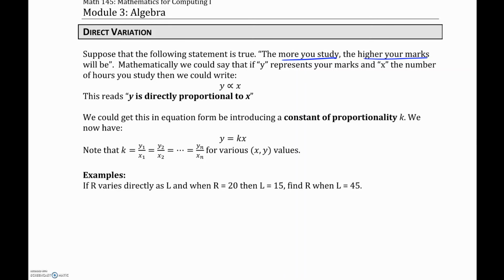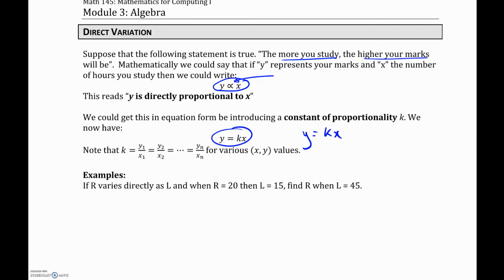So if we say that y is directly proportional to x, we write it like this: y is directly proportional to, that's this alpha sign, x. Now, to make this into an equation, we write y equals kx.